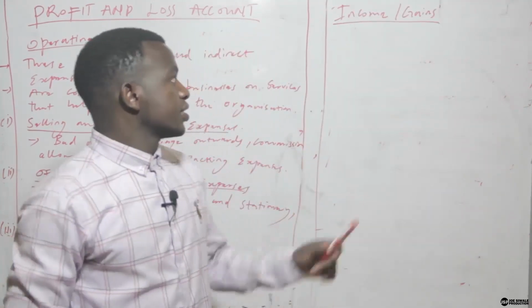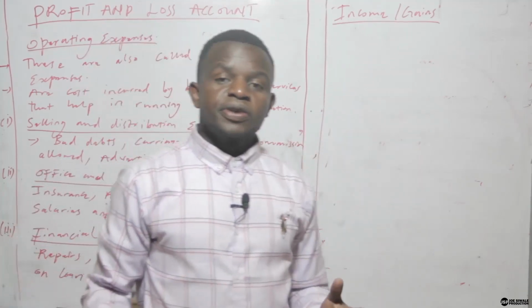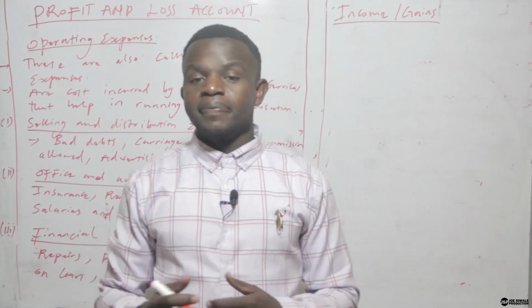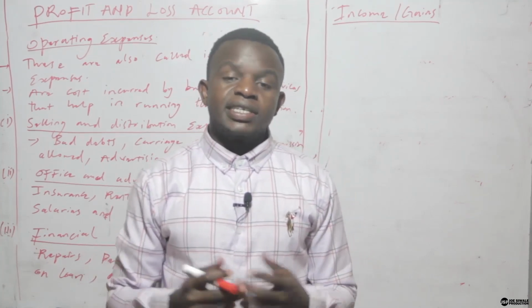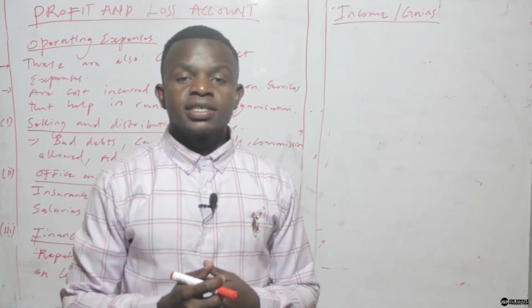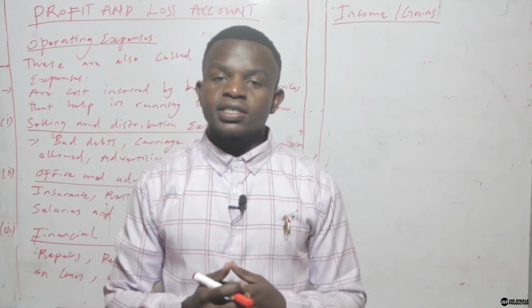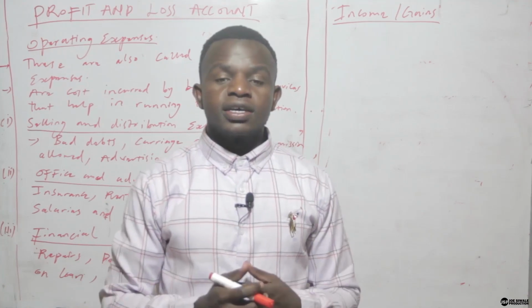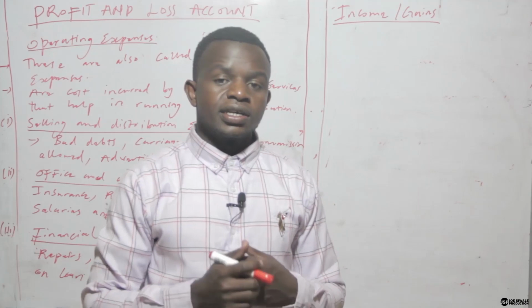Let us now look at income or gains. Most of the revenue that is generated by businesses is obtained from sales. But in some cases, businesses can generate income which is not coming from sales, and such income is referred to as additional income or supplementary income.